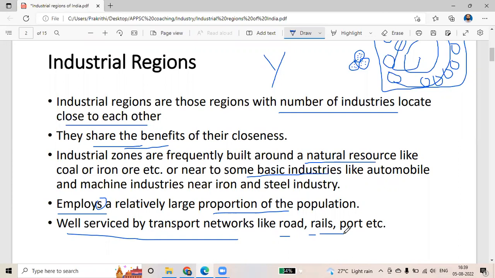Actually, it is the other way around: where there is an industrial region, usually the transport network is highly developed, because the output has to go outside and be sold in the market. So that is the characteristic of an industrial region.